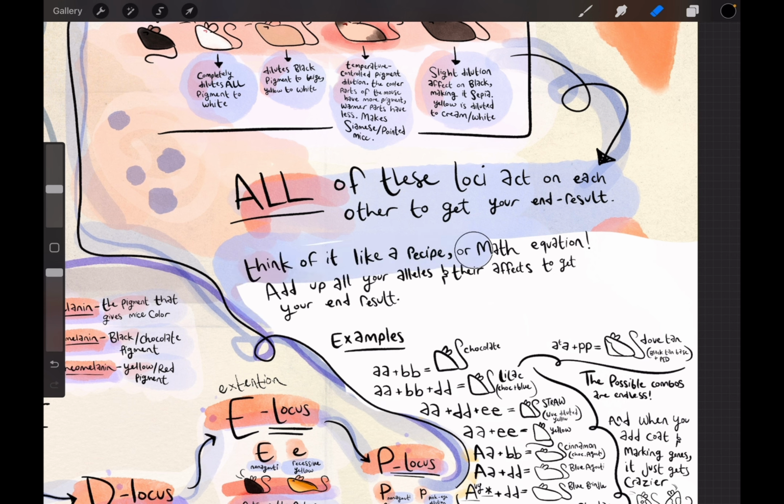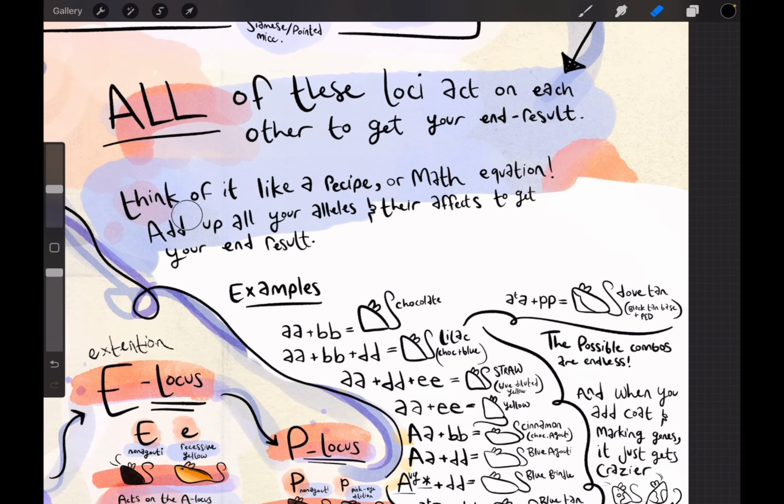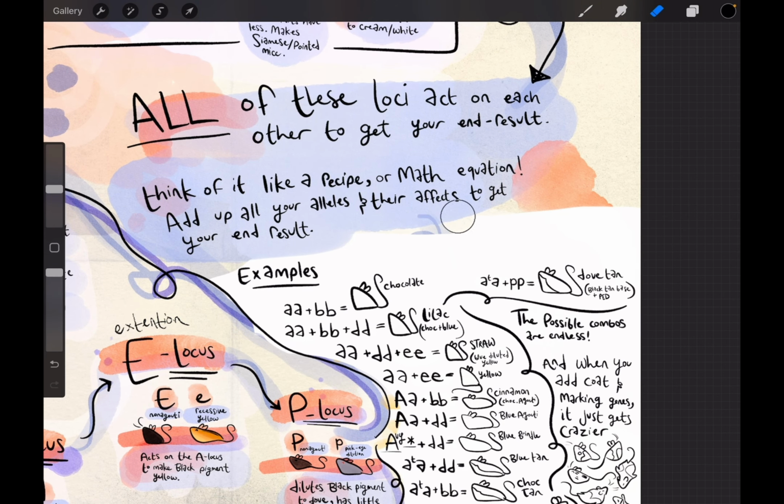You can think of it like a recipe or a math equation, but a fun math equation. I was never a fan of math in high school, but this is math I can get behind. You add up all of the alleles on your various loci and their effects to get your end results. Now I'm going to go ahead and we'll see if I can put all of these together in one video.